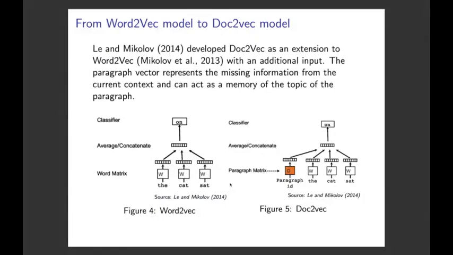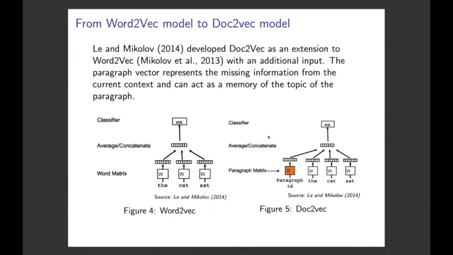But in this study, we want to delineate urban functions, so how can we do that? We use the Doc2Vec model to get the urban functions used in cities. The Doc2Vec model is actually an extension of the Word2Vec model.